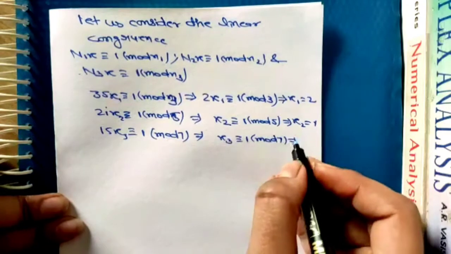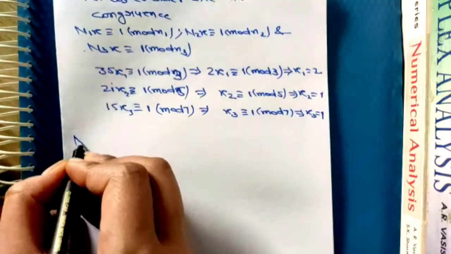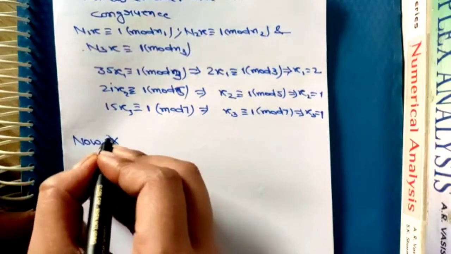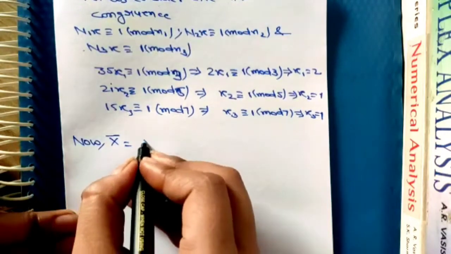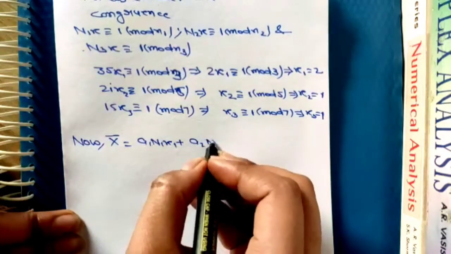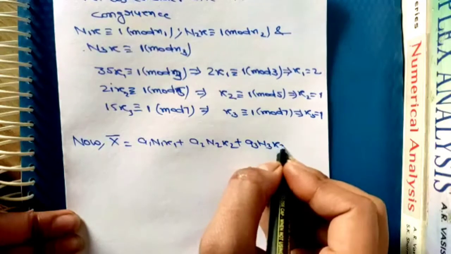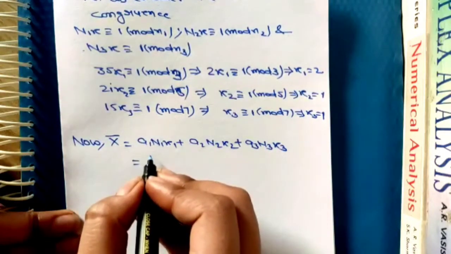Now again x3 is 1 for the same reason. Now we can find x bar. Now put the value of this x3. What is a1?